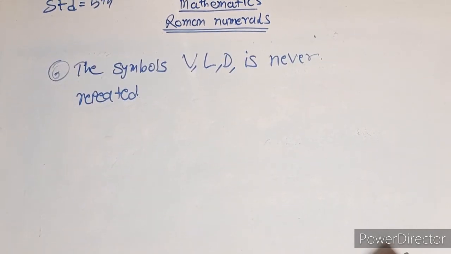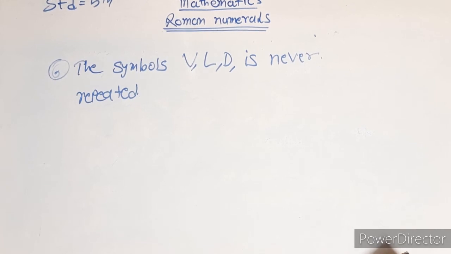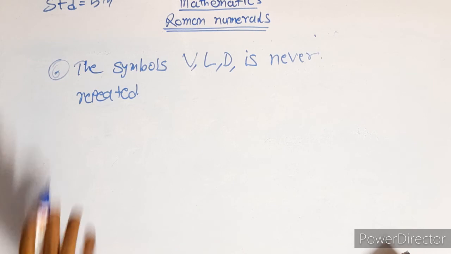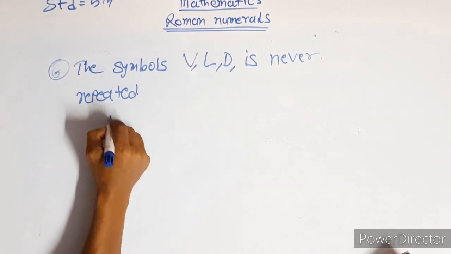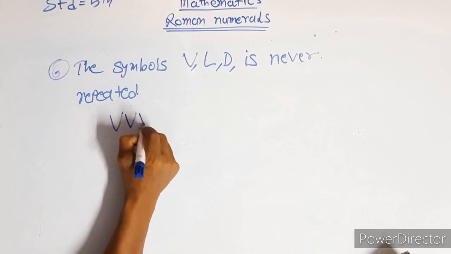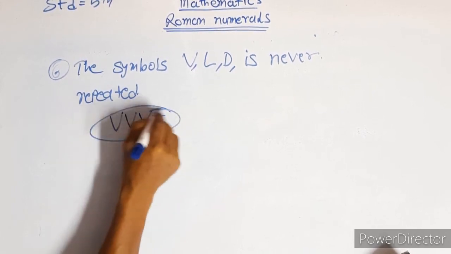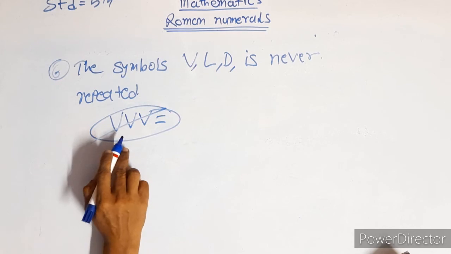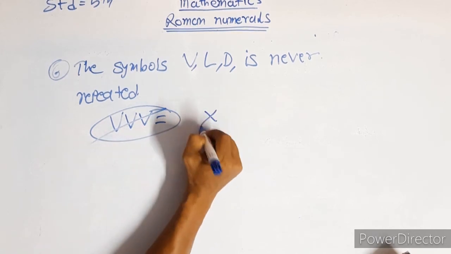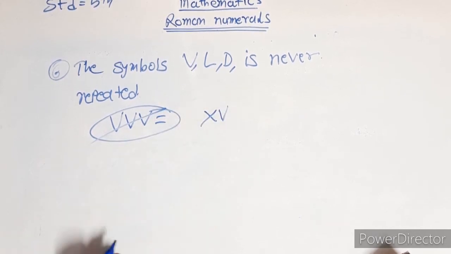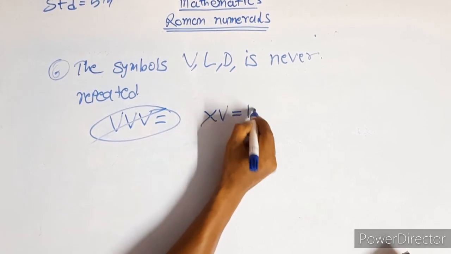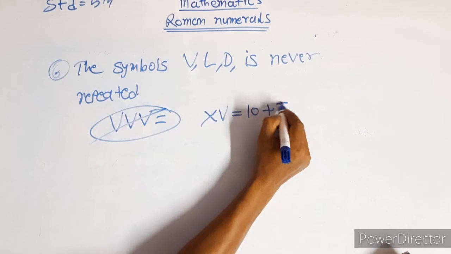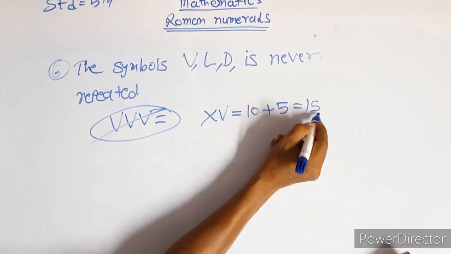The symbols V, L, D are never repeated. The symbols V, L, D are never repeated. For example, V plus V plus V is absolutely wrong. If we write 15, use X as the greater and the smaller on the right side, which means 10 plus 5 is equal to 15.